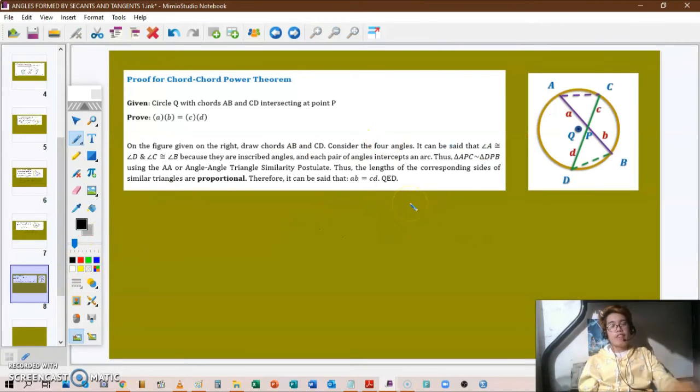And lastly, we have here a proof for the chord power theorem. How can we prove this given theorem?